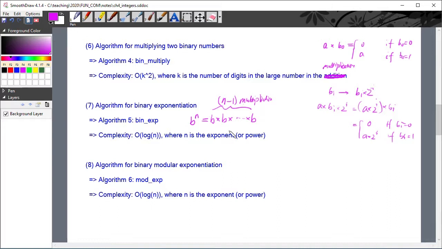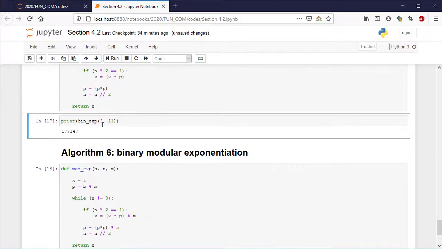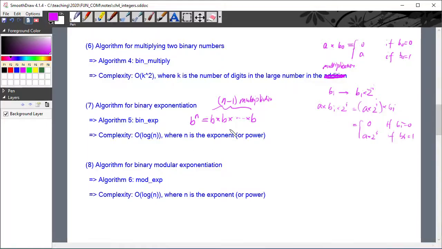So this is certainly not efficient, right? What is more efficient is that you should observe that this n could be represented in binary. Let me use an example. Suppose we want to calculate 3 to the power of 11.